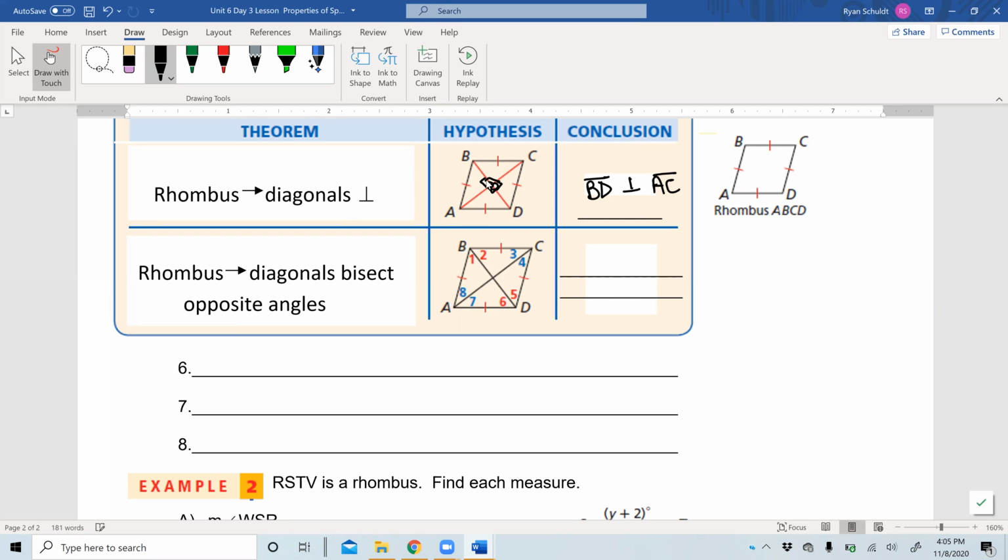Those look horrible. Why can I not erase? I'll make a right angle right here.